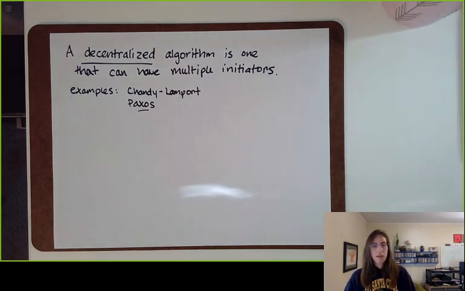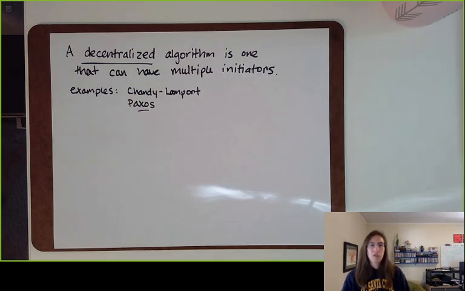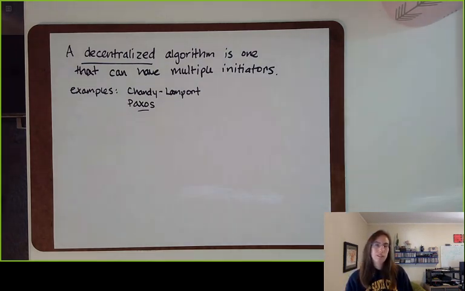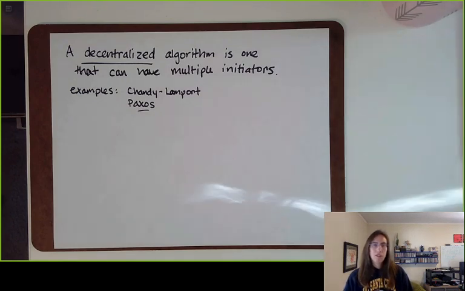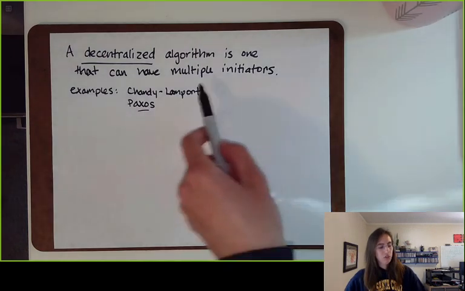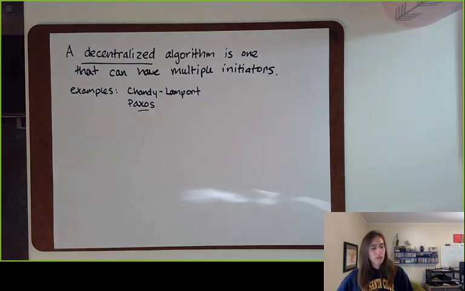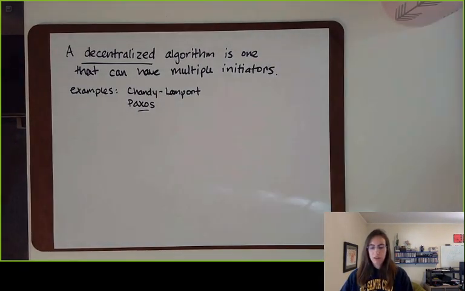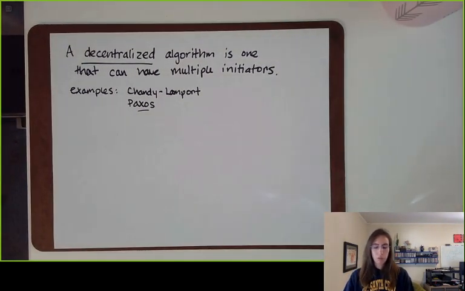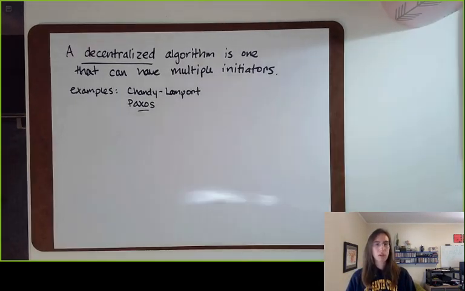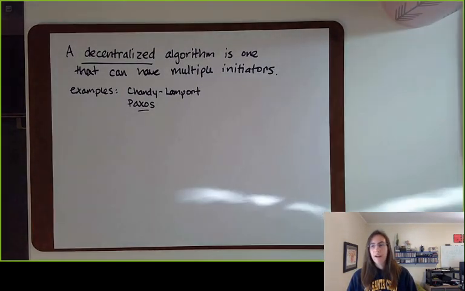And they have to be designed in this really interesting defensive sort of way that's going to seem strange to people who are not used to it, because they have to be designed to deal with this possible case of more than one initiator. So the design of decentralized algorithms, I think, is really interesting. And if the Chandy-Lamport algorithm looks weird to you, maybe this is the first truly decentralized algorithm that you've worked with, that could be why.